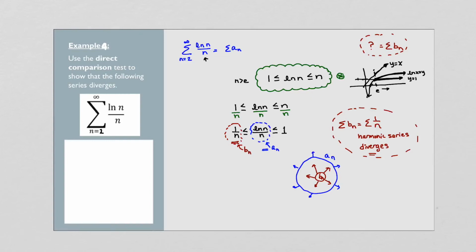Let's write it down. We are going to let b sub n be the series n equals 2 to infinity of 1 over n. This is the harmonic series that diverges.